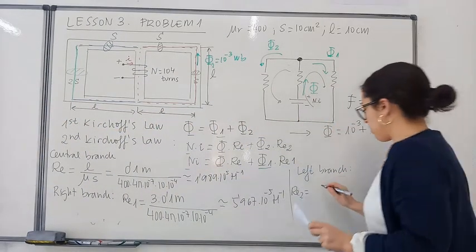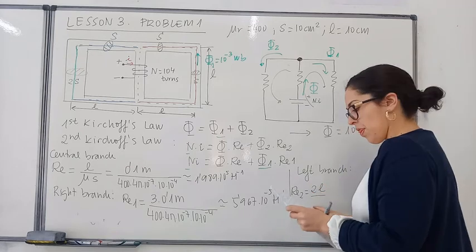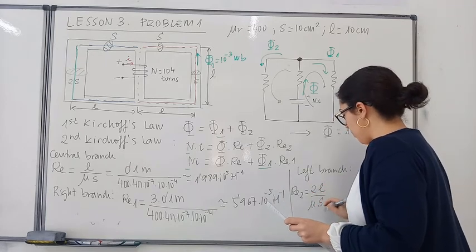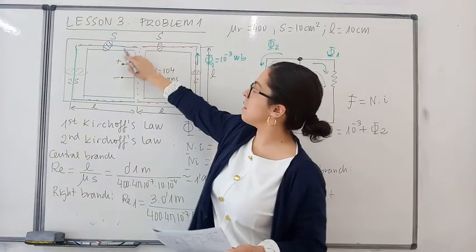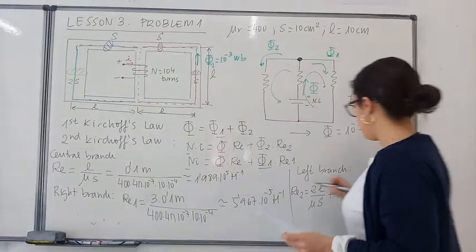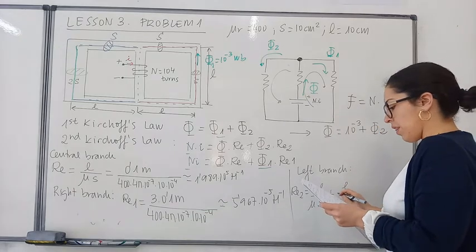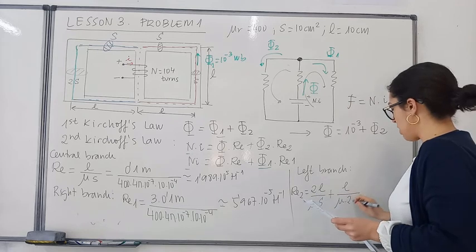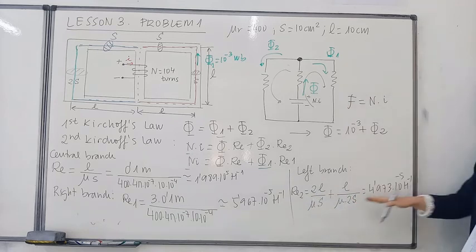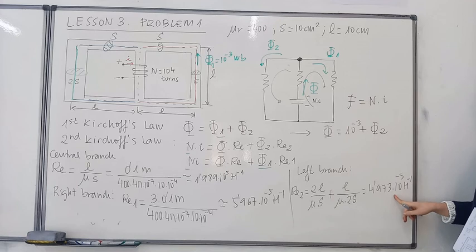So there you have 2 times the length divided by the cross section and the permeability, plus, that would be this path in blue, the length divided by the permeability and 2 times the cross section. You can introduce the values and you are going to obtain this result for the reluctance of the left branch.